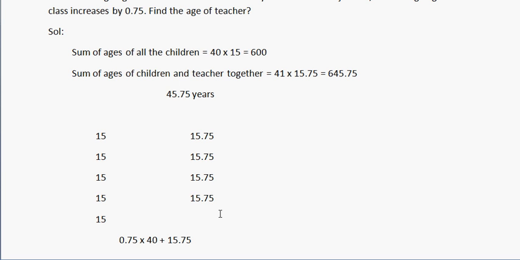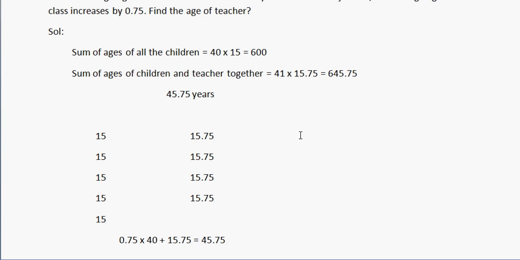So we have 41 observations. There was a difference of 0.75 in 40, but the 41st observation is entirely new. So this is the contribution of the 41st observation, which means 15.75 plus 0.75 into 40, which again comes out to be 45.75. So this is how we made it easy, right?